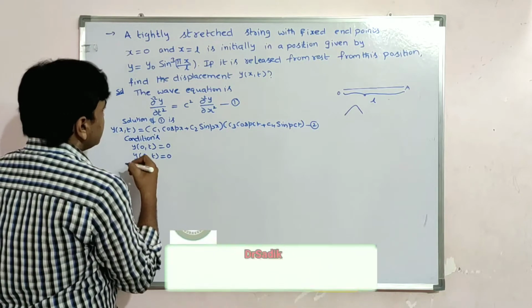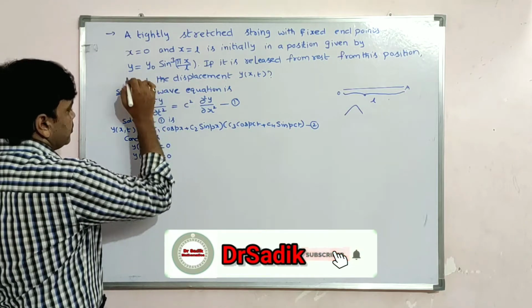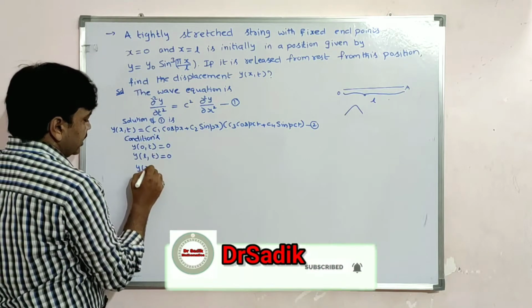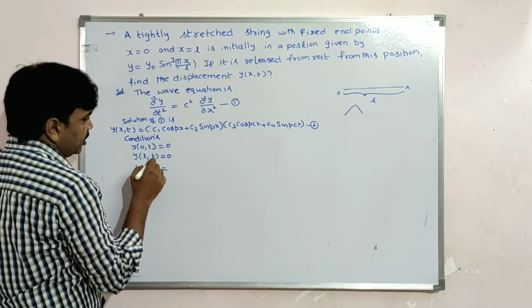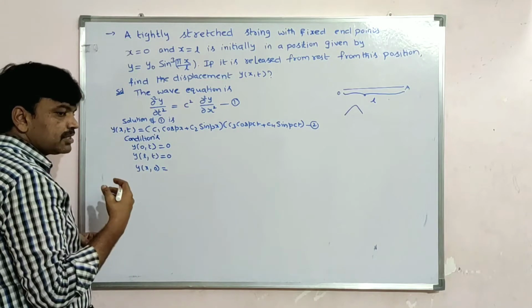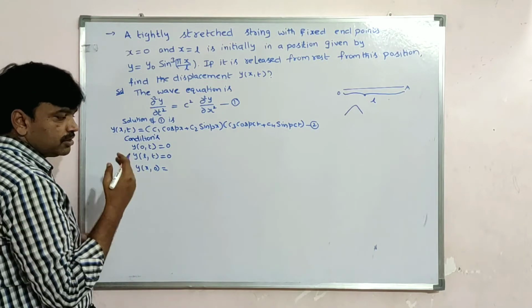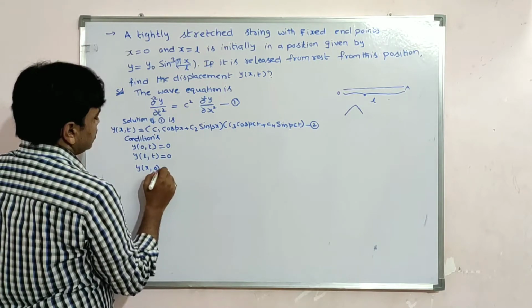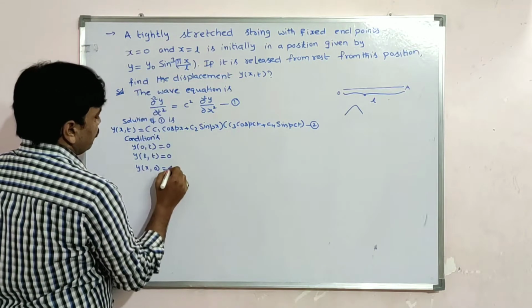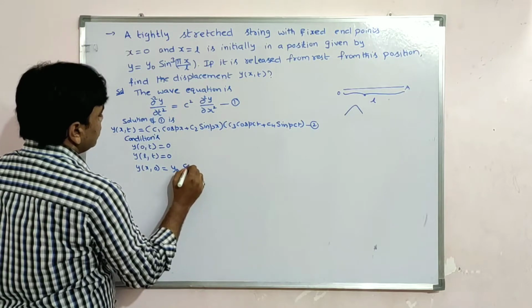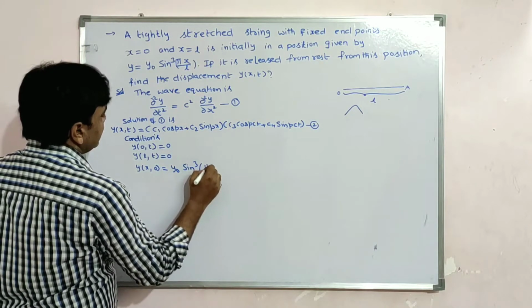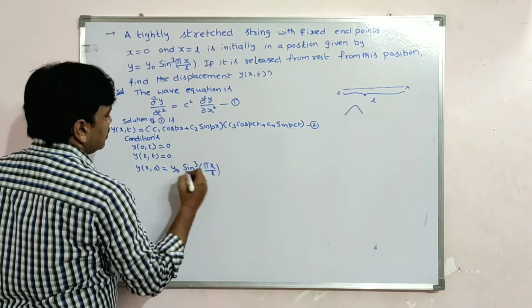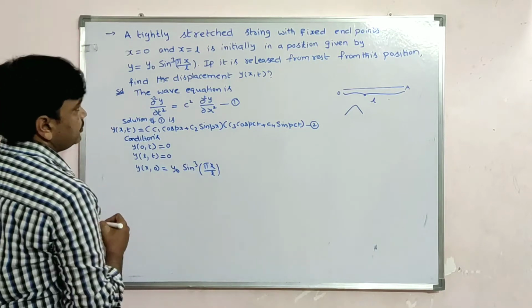Now the initial displacement: y at x comma 0, that is when t is 0, is given as y0 sin cube pi x by L.